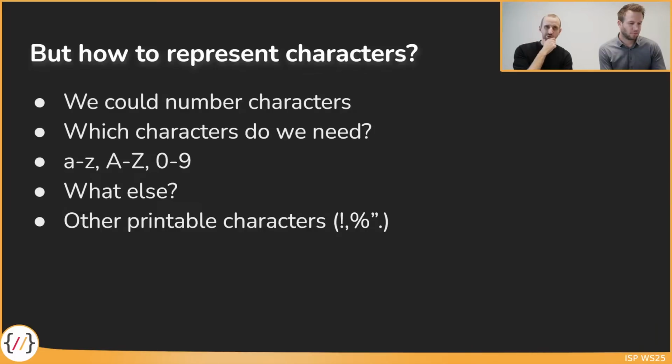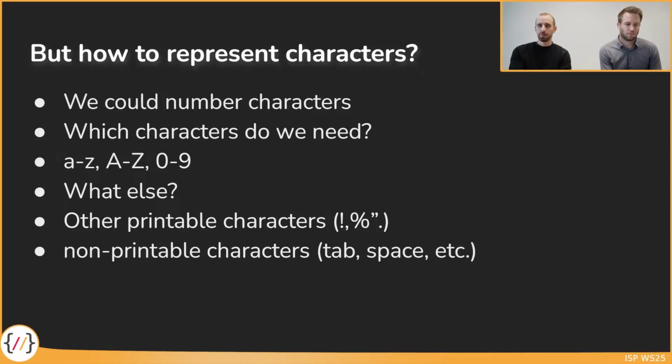Maybe if we want to write a text, we should also want to have a comma, a percentage sign, or a point. So we also want some other printable characters. Maybe we also want some non-printable characters, like a tab or a space. Or if we want a new line in our text, that's also a non-printable character.